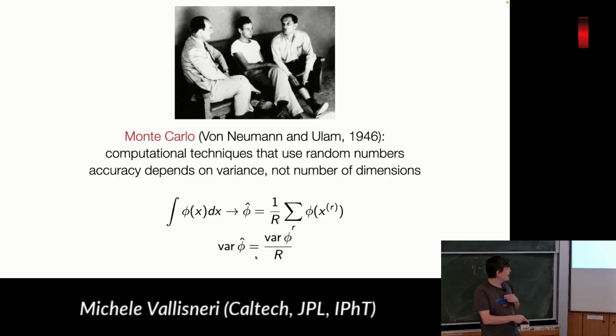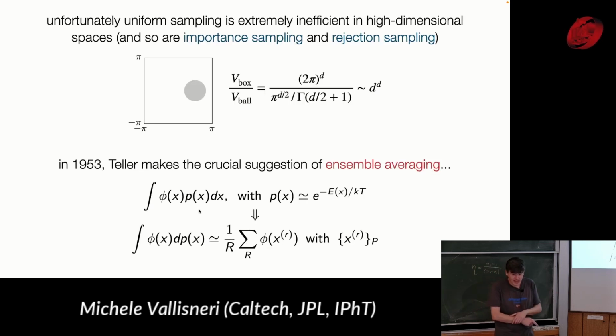They realized they could use that basically to make hard integrals, let's say, by just sampling a function randomly. And the thing that works well here is that the accuracy does not depend on the number of dimensions, just on how much that function oscillates over all parameters. So that's the basis of Monte Carlo.